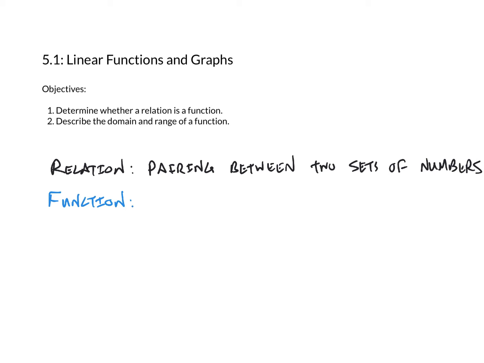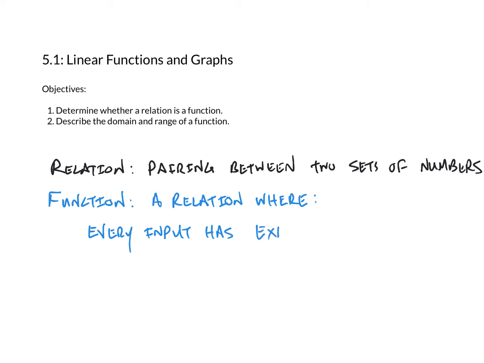This is a very important definition that you're going to want to memorize and know what I mean when I say function. So a function is a relation where, and here's the very important part, every input has exactly one output.